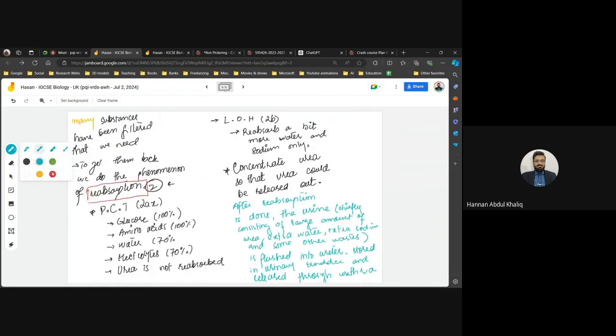So this line is very important: chiefly consisting of large amounts of urea, extra water, extra sodium, and some other wastes.